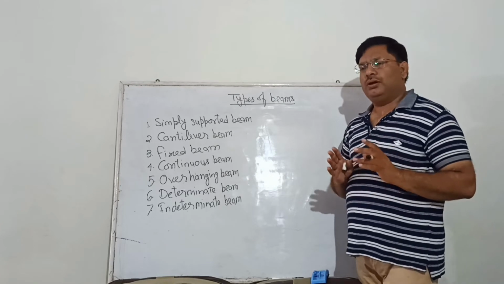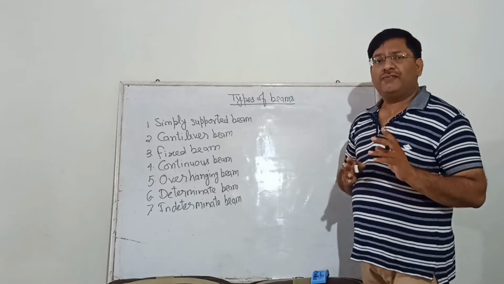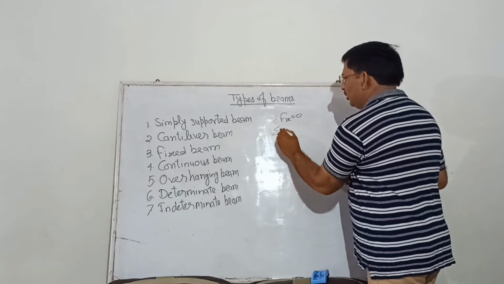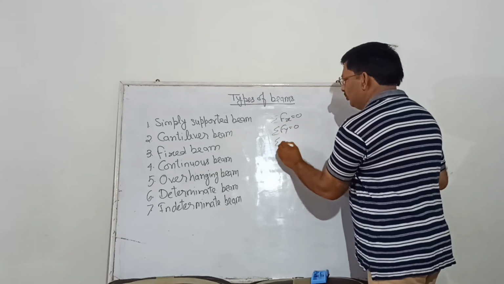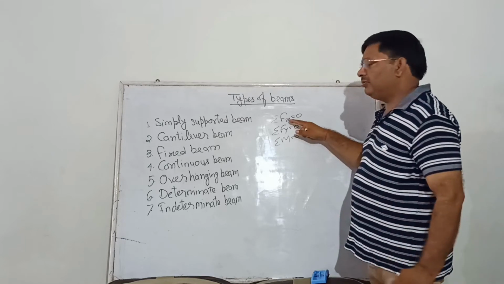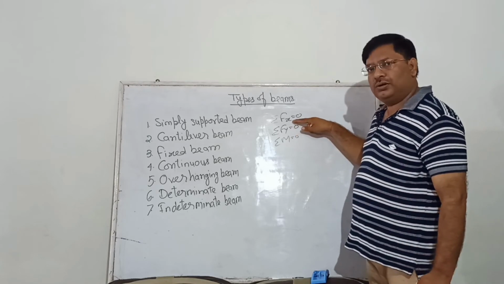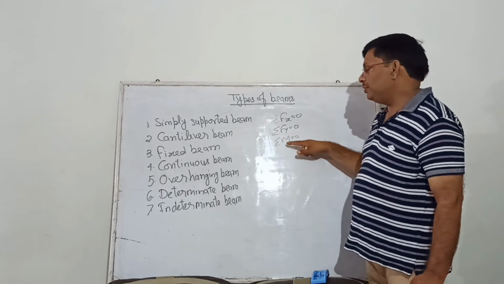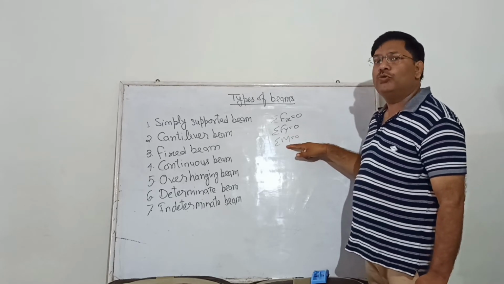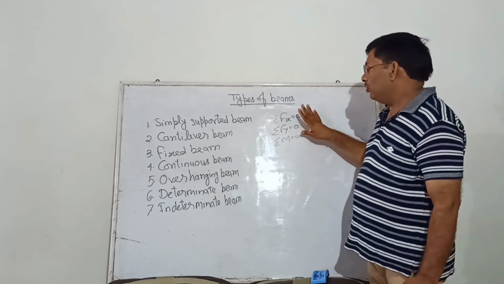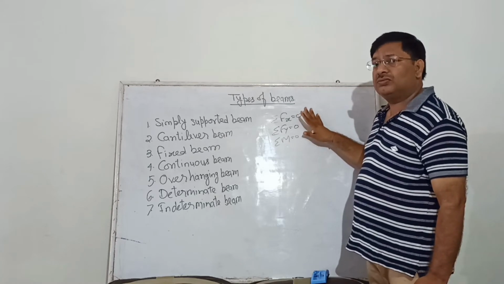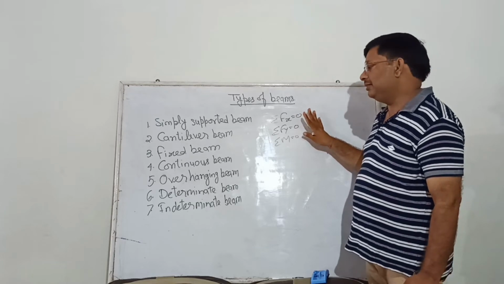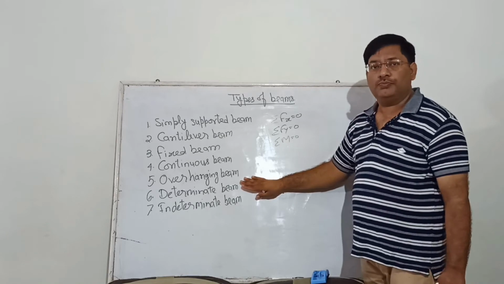Now you know the equilibrium equations are sigma Fx equal to 0, sigma Fy equal to 0, and sigma M equal to 0. That is, for equilibrium the sum of all horizontal forces must be 0, the sum of all vertical forces must be 0, and the sum of all moments must be equal to 0. So if by using these conditions of equilibrium we are able to find the various support reactions, then that type of beam is known as a determinate beam.